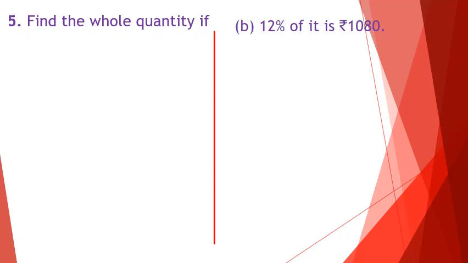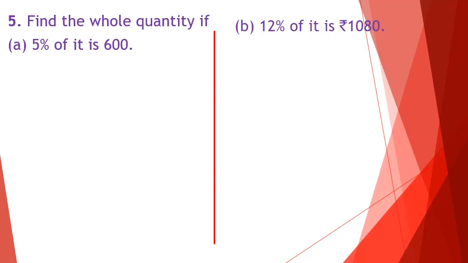Our next question is: find the whole quantity if, first part, 5% of it is 600. Here it means 5% of the whole quantity is 600.